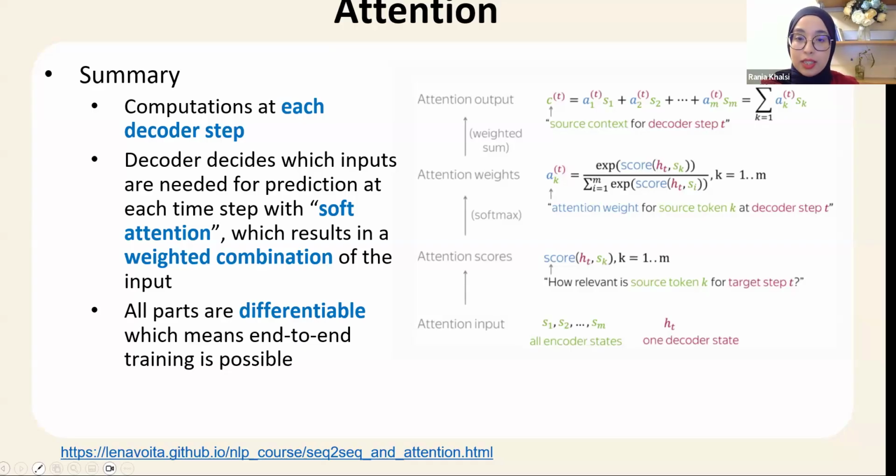Then the decoder identifies which input tokens have the highest impact and most strongly influence the final prediction. All components in this process must remain differentiable, which allows the entire system to be trained end to end using backpropagation. This summarizes the core idea of attention.